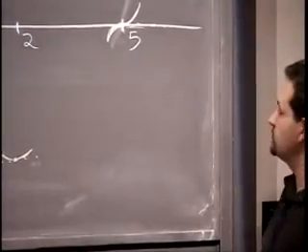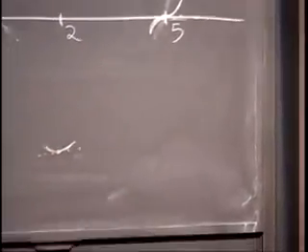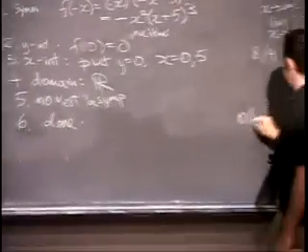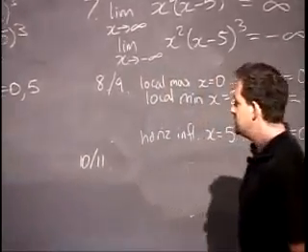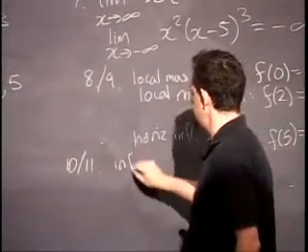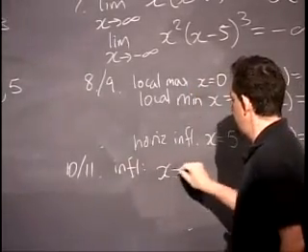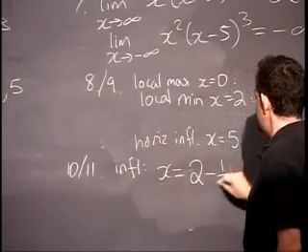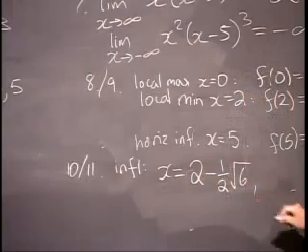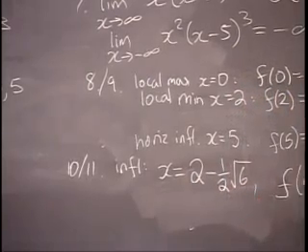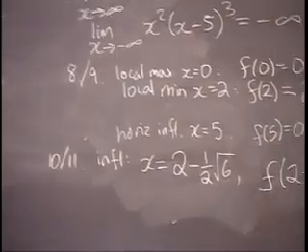There's still a little bit more work to do. We have to come back over here and finish steps 10 and 11. Now, we know that we have inflection points. One inflection point is x equals 2 minus a half root 6. So the question is, what is f of 2 minus a half root 6?